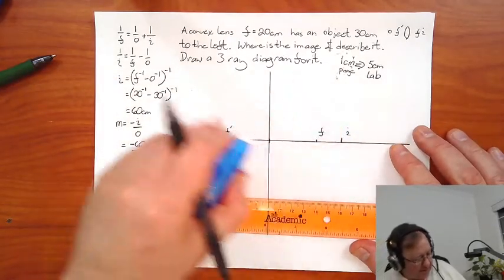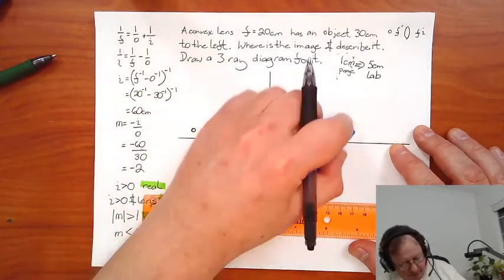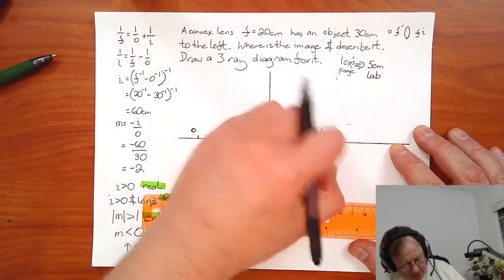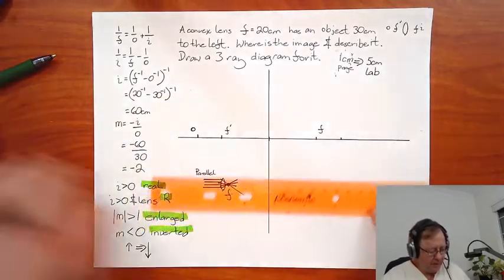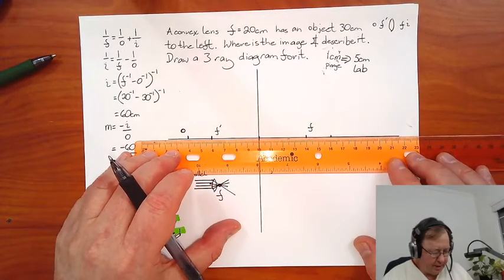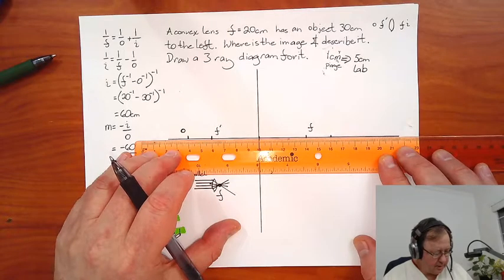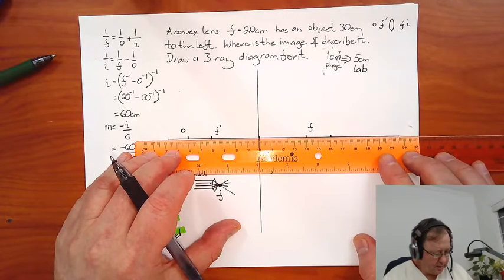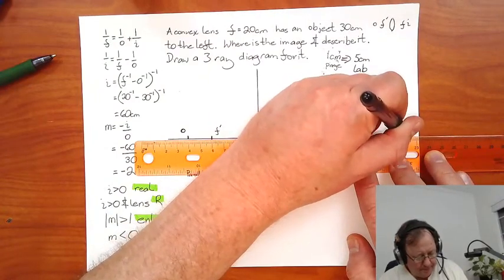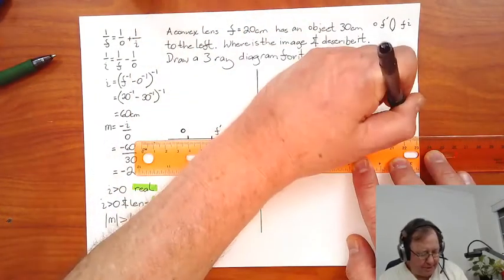Which means that the image, which is 60, is in fact 12 centimeters away. So let's see, do we have enough room? Yes. Okay. And so the image is there.